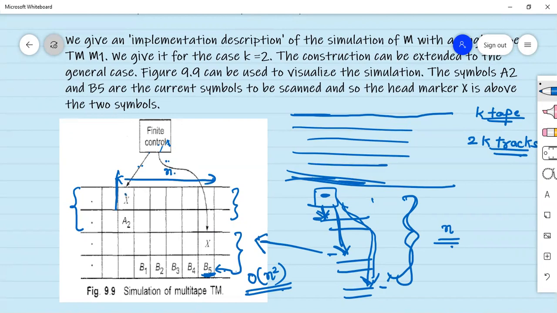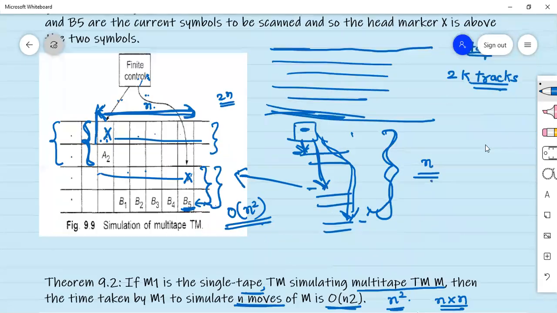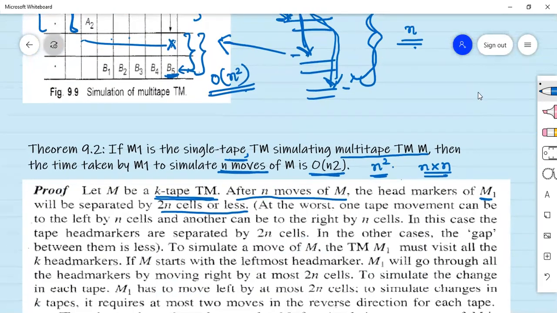Let us say this X marker is in the first position here for this stack, and let us assume that this X is at the last track. So if this is n moves, what is the maximum distance between these? 2n, correct? You have a 2n cells difference between the two heads. So that's what we are saying here.